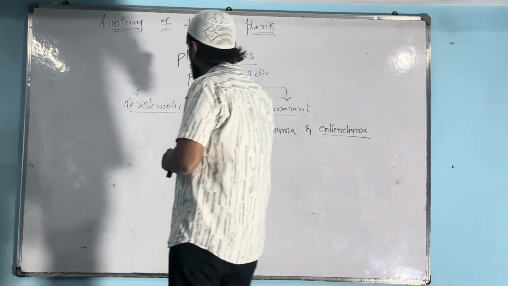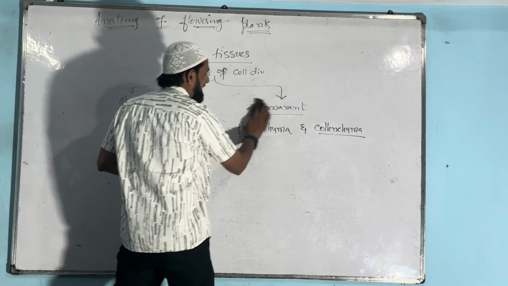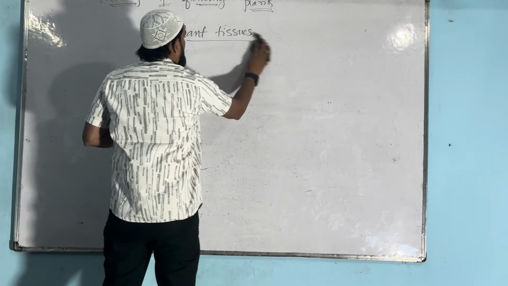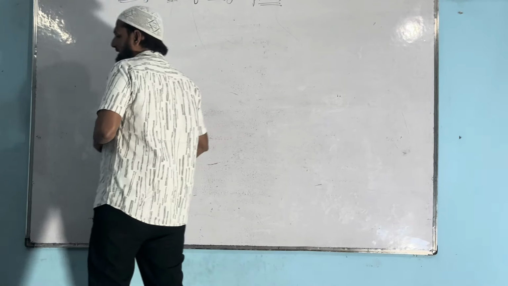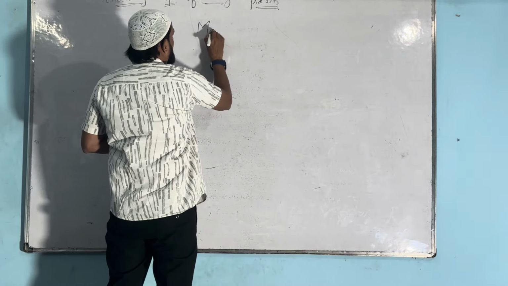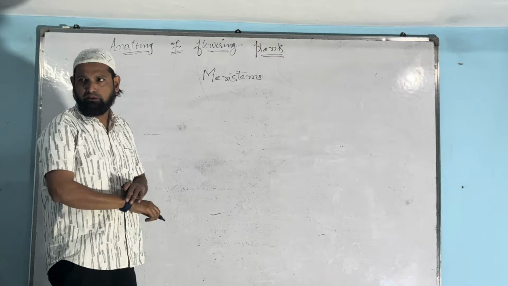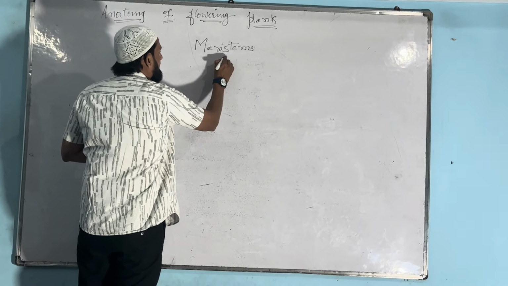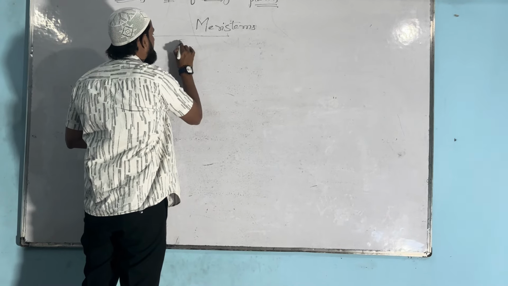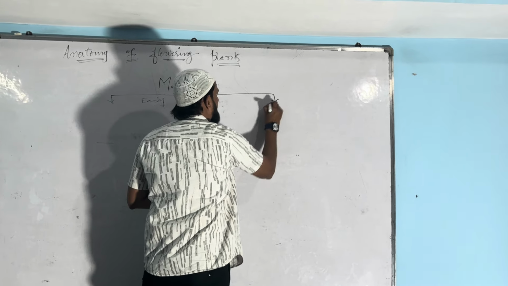Now, we'll take number one. That is meristematic. Number one is what? Meristematic. In which, see here, the meristems have the ability to divide. They are produced early or in late formation.